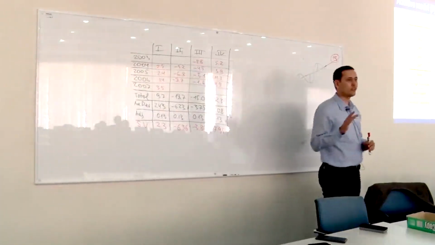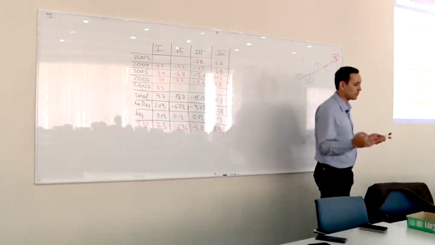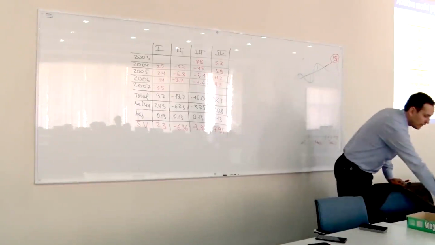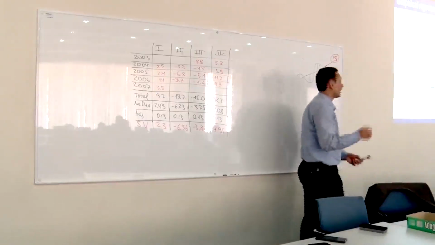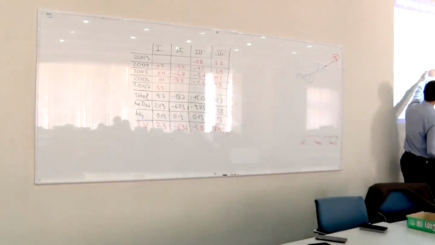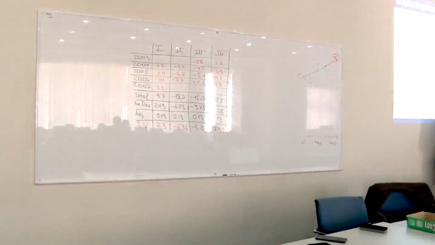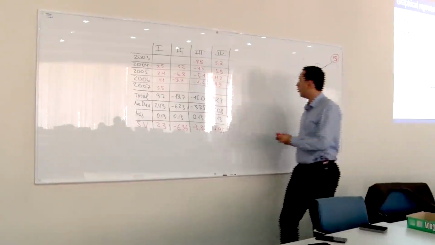What was the first question they asked us to find? And what was the task? The task was to forecast the sales for 2007, the fourth quarter. Okay? Now, our formula to find this was what?